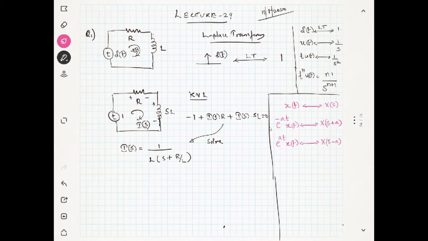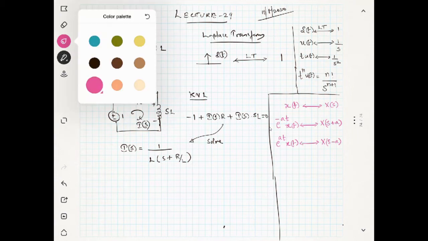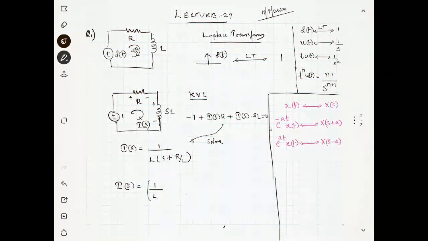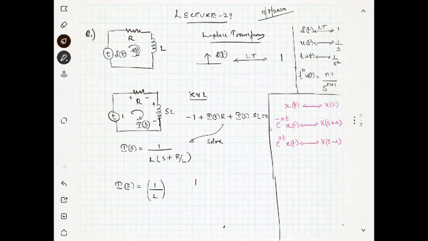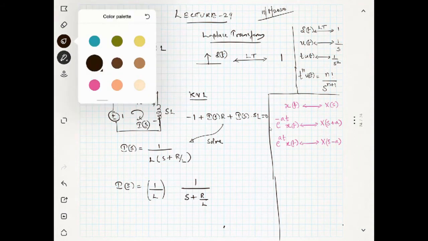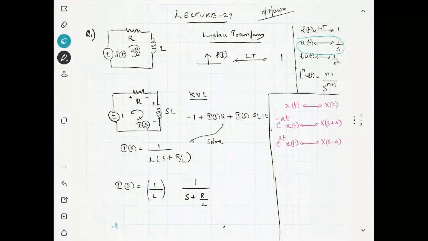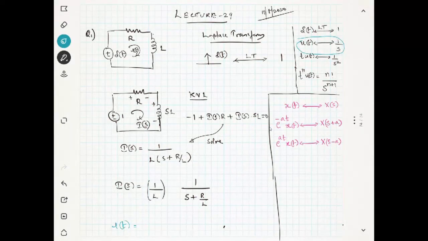According to this rule, we can see here I of s is nothing but a constant, 1 over L, multiplied by 1 over s plus R over L. We want to find I of t. This constant, 1 over L, will not change.